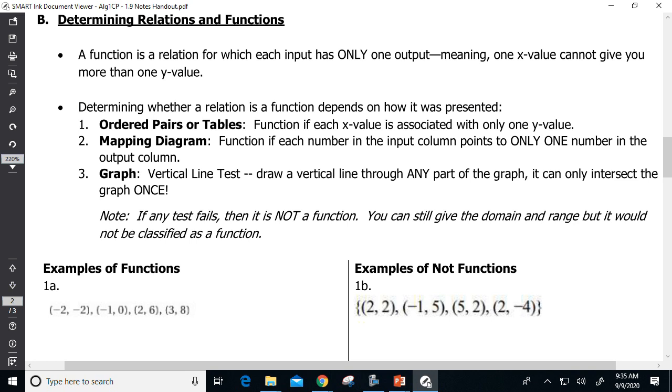So now we've looked at what a basic relationship is, a basic mathematical relationship. Like with most relationships, if they're a strong relationship, they're taken to the next level. So, in mathematics, there is something similar to a marriage. In math, that marriage is called a function.